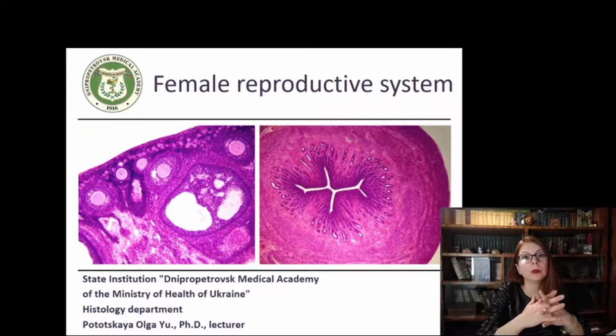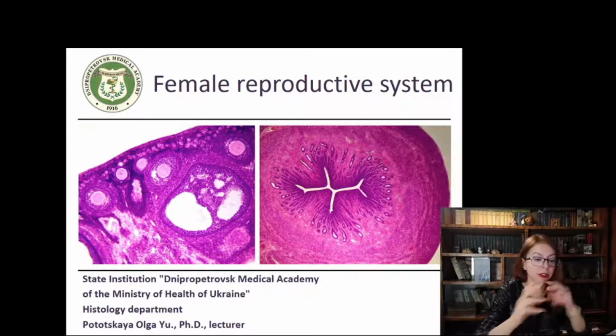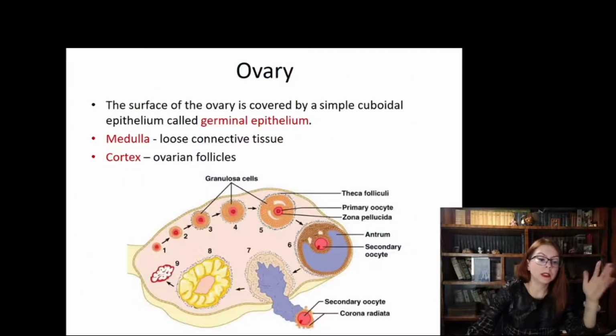To understand all those treatment strategies, you have to understand how this system works under normal circumstances. So let's start. In the female reproductive system, we first discuss the ovary.